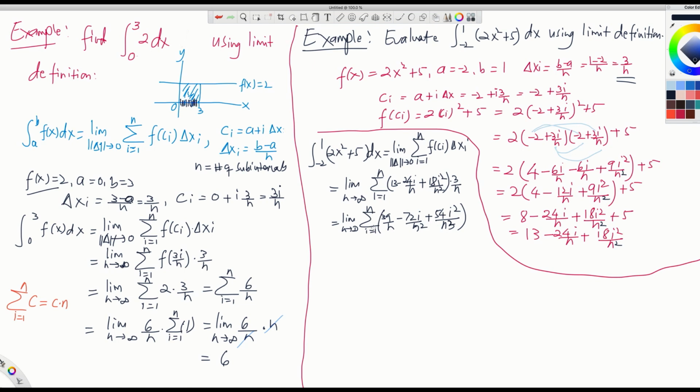Now what we do is distribute this summation to everybody there. So you will get the limit as n tends to infinity, and I'm giving this summation to everybody.